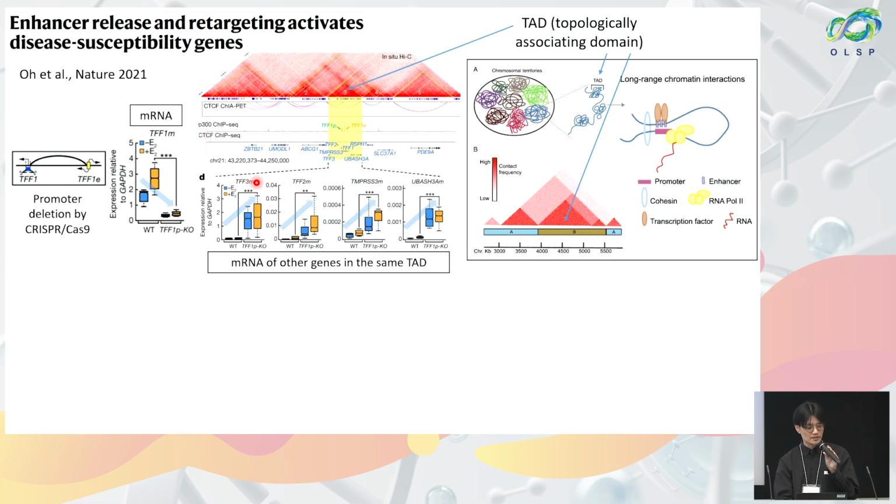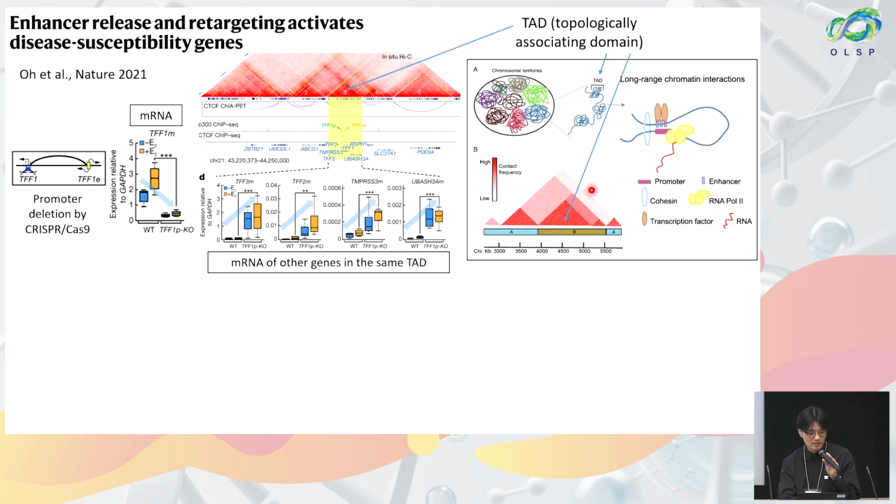And related to this, an interesting study was published several years ago. In this study, the authors analyzed the effect of promoter deletion by CRISPR-Cas9. And as expected, they observed significant reduction of the downstream gene. But simultaneously, they observed an increase of many other genes in the same topologically associating domain, where enhancers and promoters are frequently interacting within this domain and not across this border.